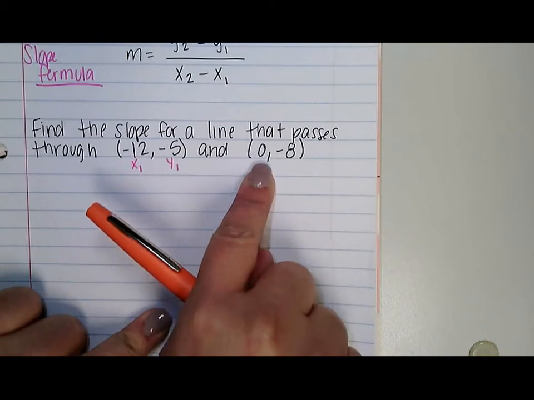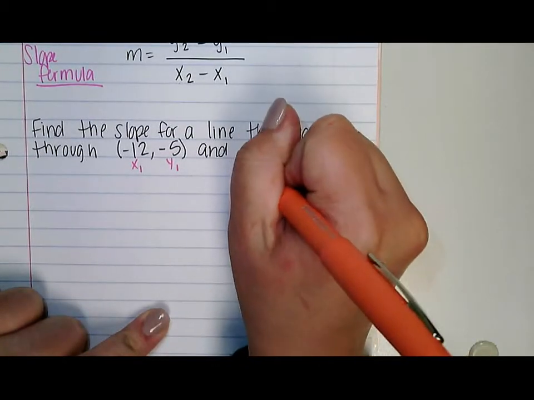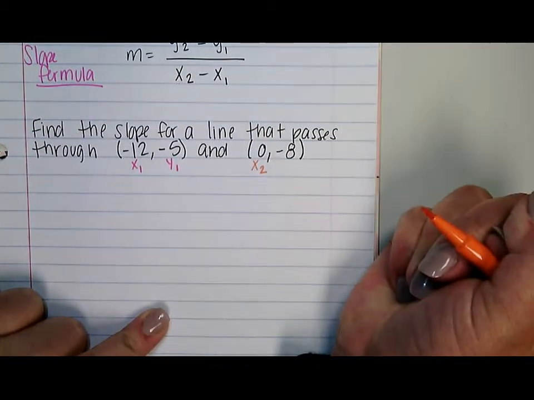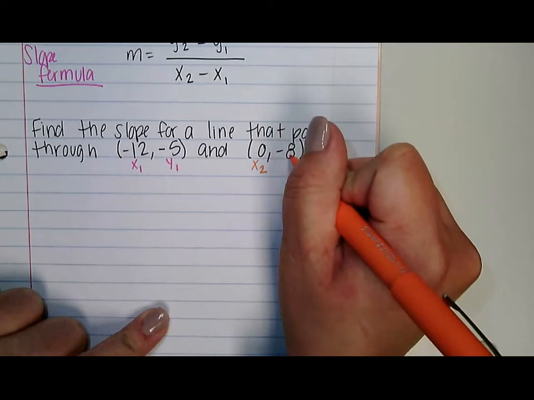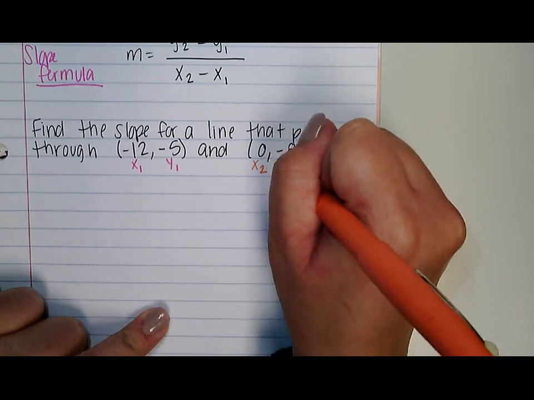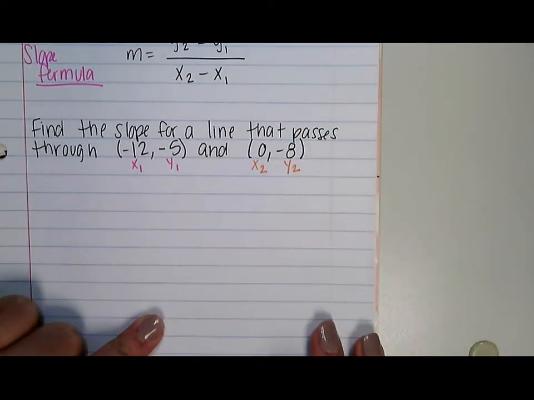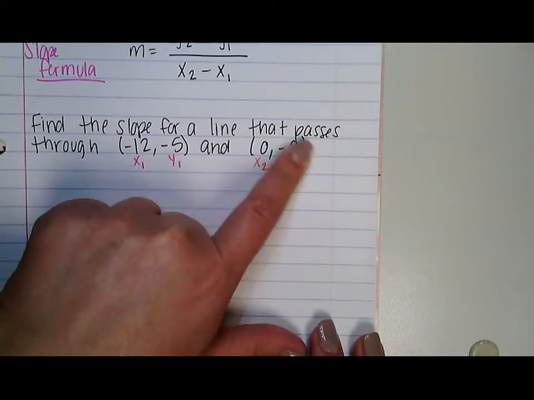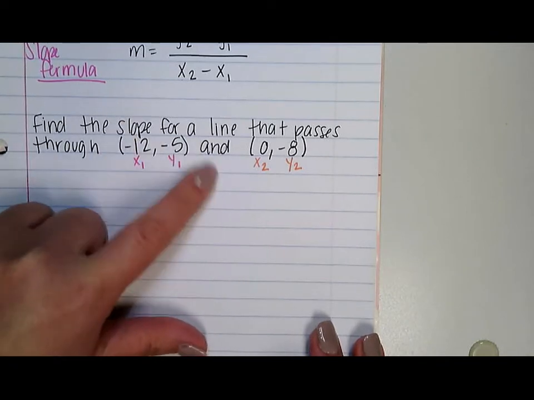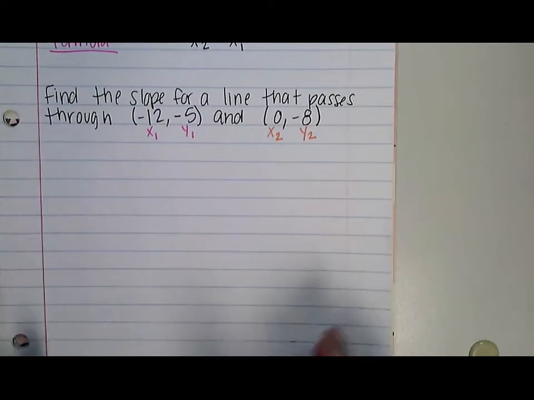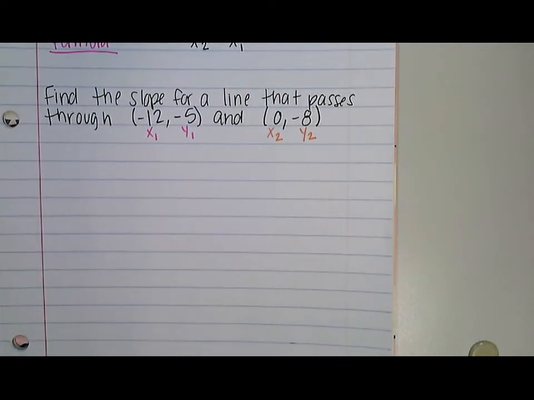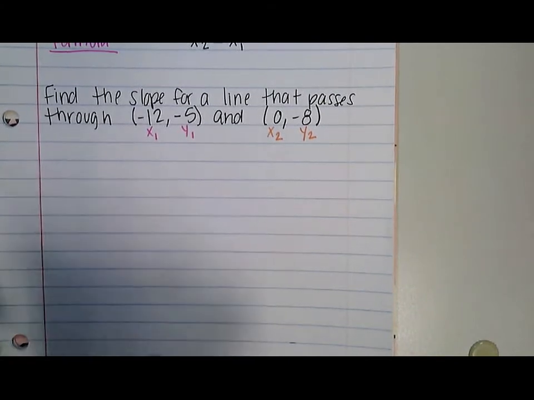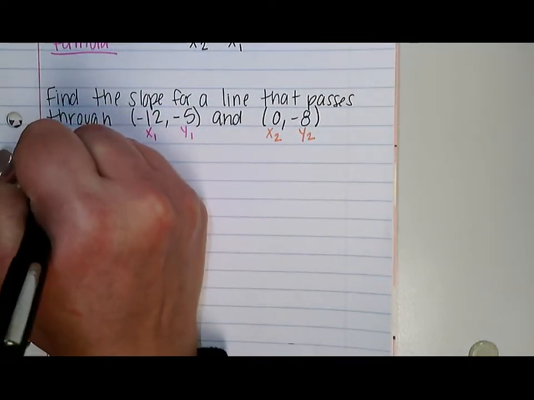This 0 is going to be your x2, and this -8 is going to be your y2. x1, y1, x2, y2. This is the second point, and this is your first one. And then from there, you're going to write the formula.